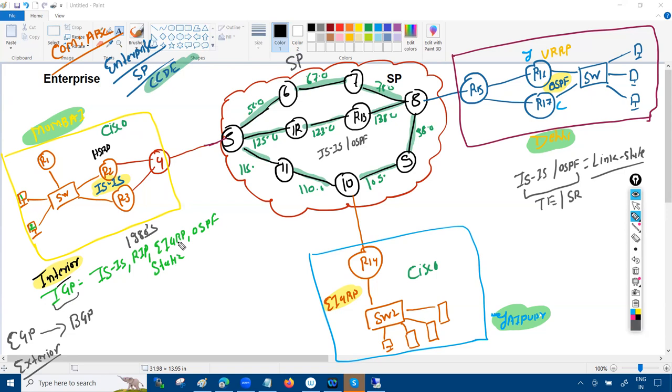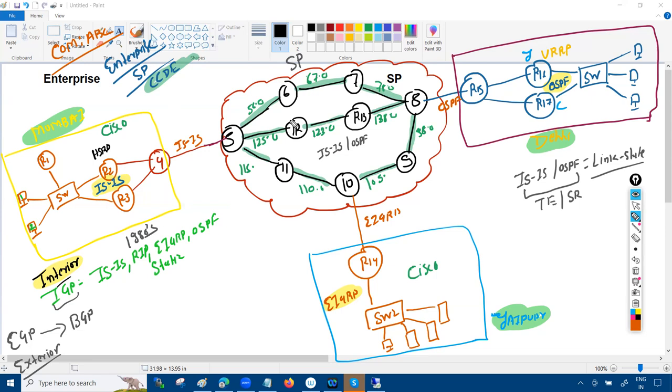Try to understand what happens. If I'm going to use the OSPF protocol between R4 and R5, or maybe the IS-IS protocol, take an example of IS-IS right now. Or between this pair, I run OSPF, and between this pair, I run EIGRP. What happens if I run any IGP protocol between the companies and the service provider?